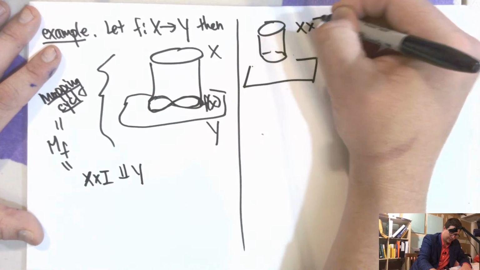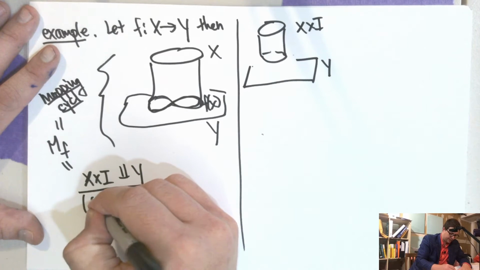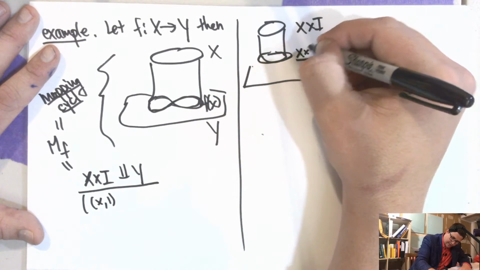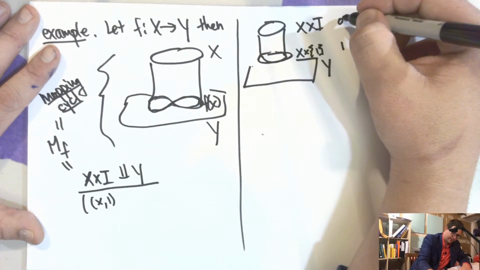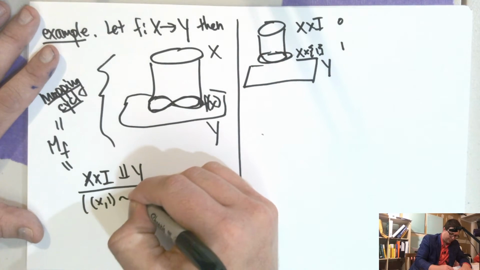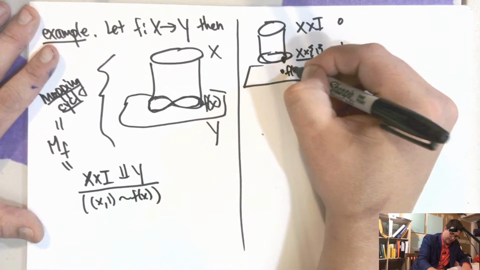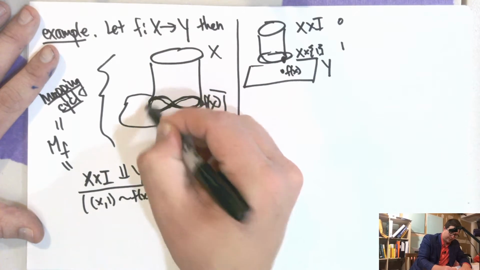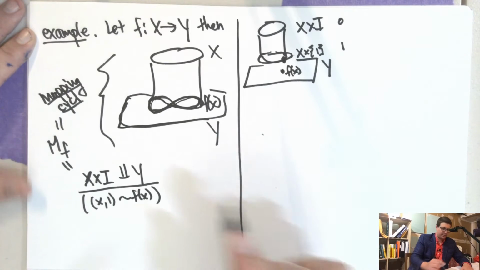This is X cross the interval, this is Y, and then I'm going to impose an equivalence relation, where this part here is X cross 1. Here's 0 and here's 1, so this is the top of the interval and this is the bottom. I'm going to identify the points on here with their image here, f of x. So we've taken this cylinder and glued the bottom of the cylinder onto this space Y, like so. This is the definition of the mapping cylinder.